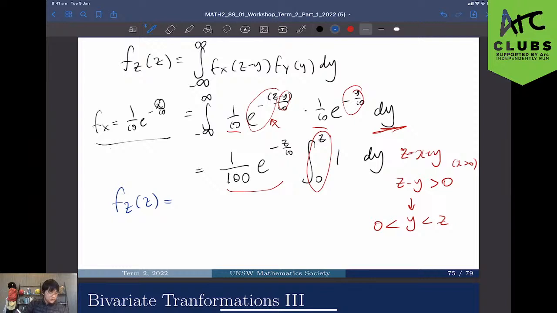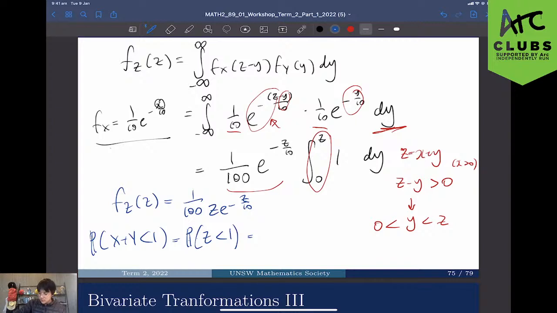So we calculate that the density function for z, which is the density function for x plus y, is equal to this. And to calculate the probability that x plus y is less than 1, that's the same thing as calculating the probability that z is less than 1. Since z is the sum of two positive random variables, z is also positive, and obviously it's less than infinity.